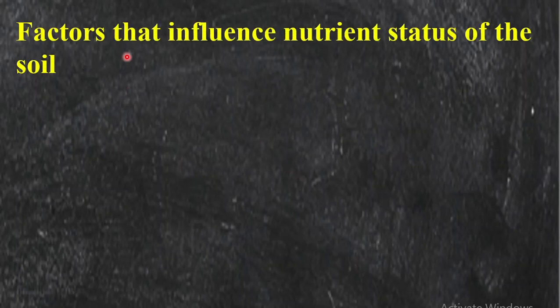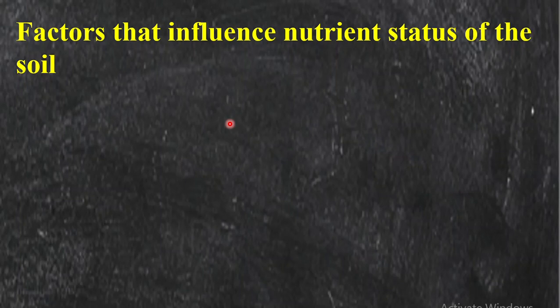So what are the factors that influence nutrient status of the soil or nutrient content of the soil? This again is a highly examinable area. You'll be required in an exam to describe the factors that influence nutrient content of soil.